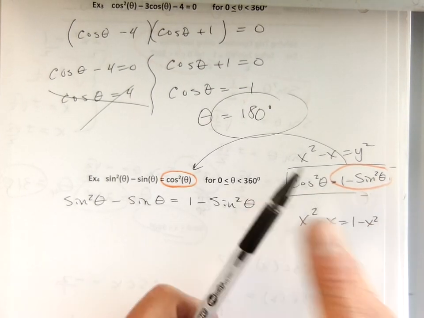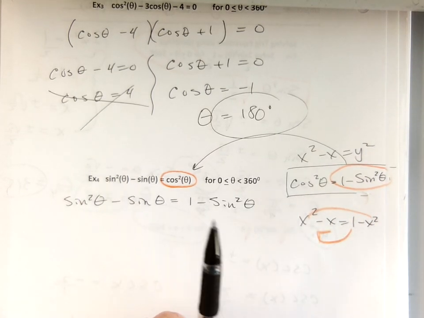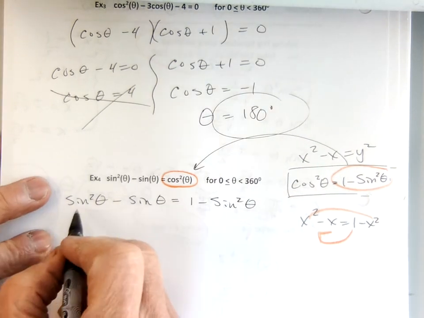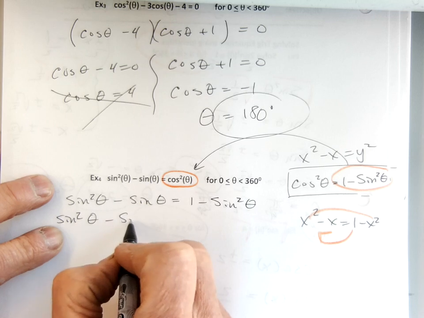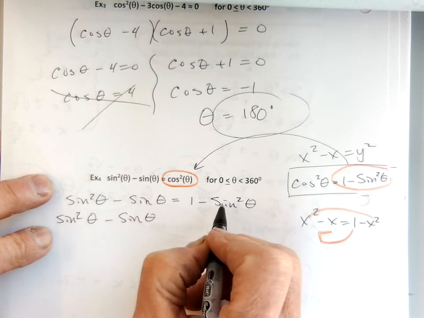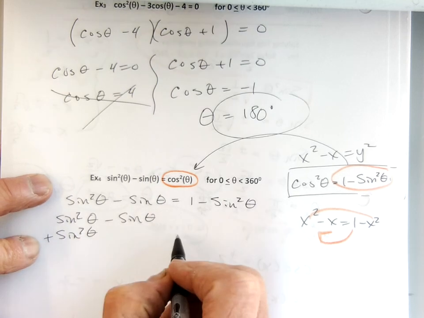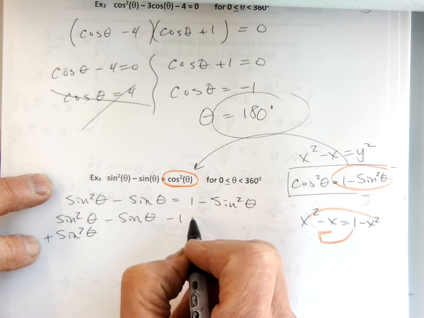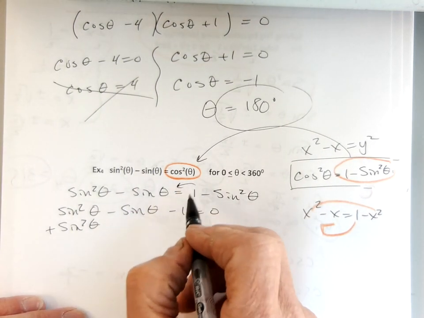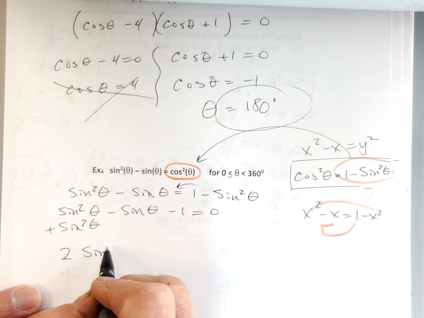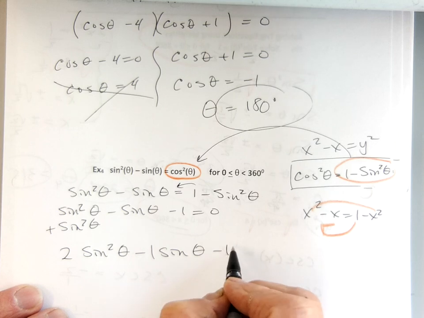Yep, I bring over the x and the 1, and then I'd probably factor. You agree with Kai? So I'm going to go sine squared theta minus sine theta plus a sine squared theta, and then minus 1, because I brought over the 1. I'll have 2 sine squared theta minus sine theta minus 1 equals 0. And I'll stop.